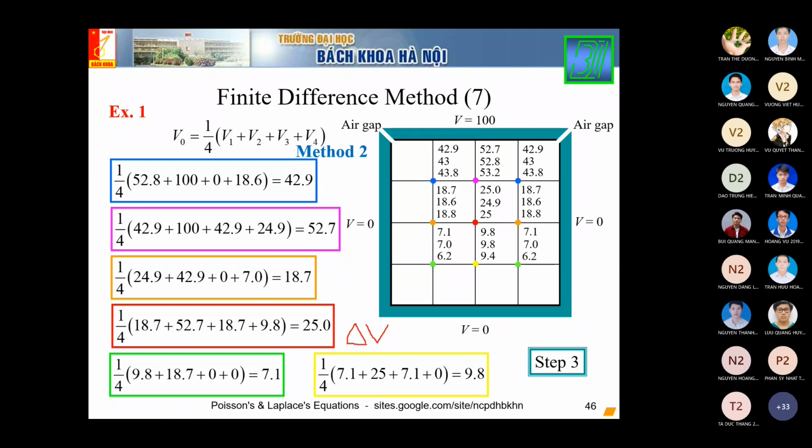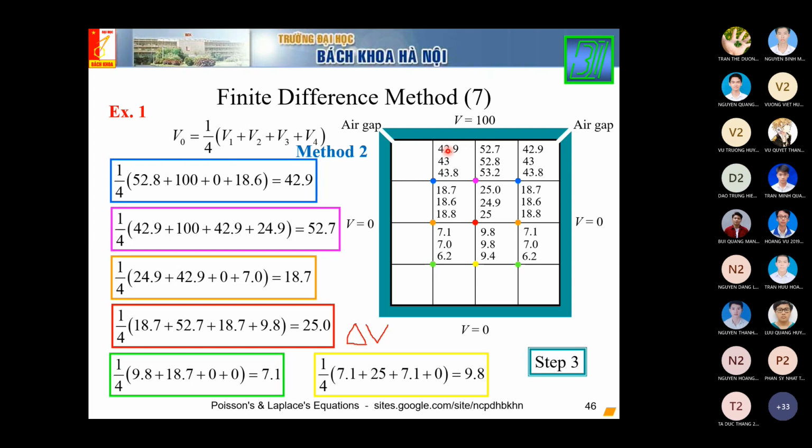So can you help me to find delta V between the third step and the second step? What is that, guys? Just compute, okay. Between this and this will be 0.1 because 43 minus 42.9 will be 0.1.